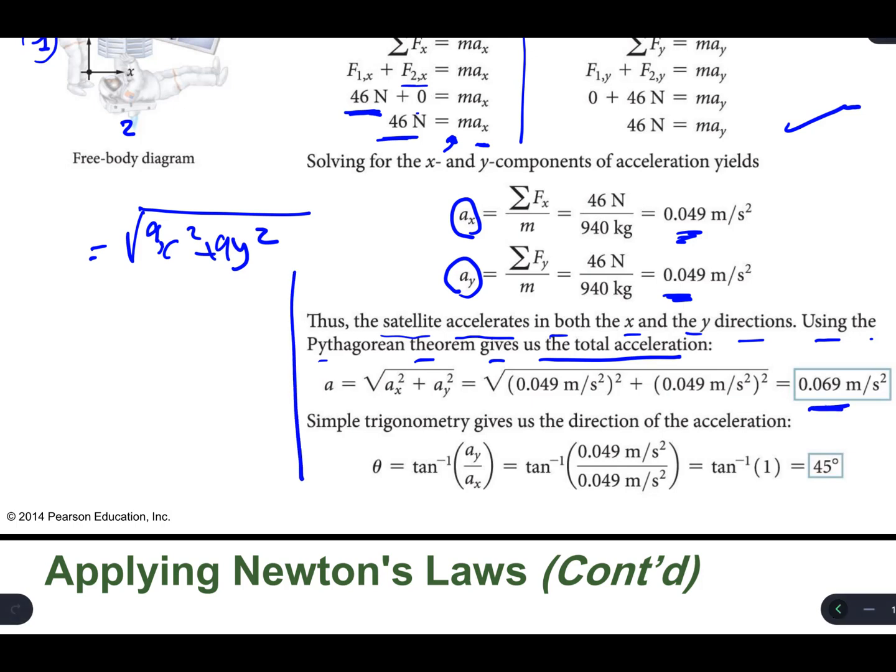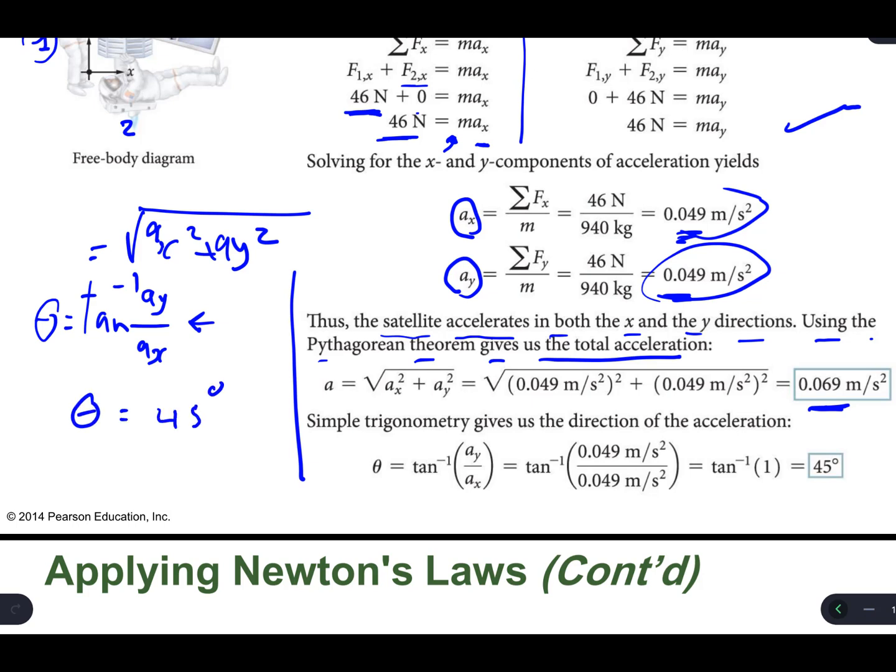How to get the direction of this acceleration? Using this law, theta equals inverse tan of y over x, or AY over AX. The numbers that you get, use them here because the numbers are the same. So theta equals 45 degrees, because tan 45 equals 1.